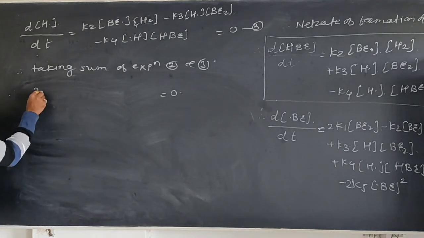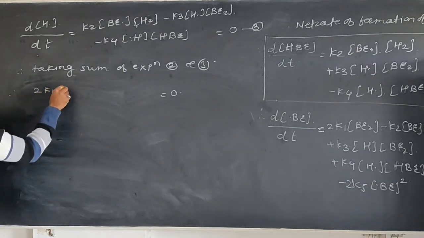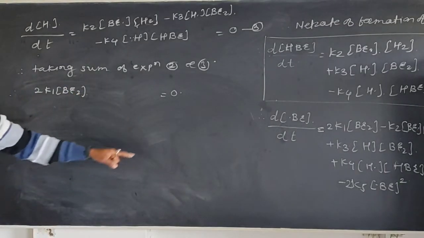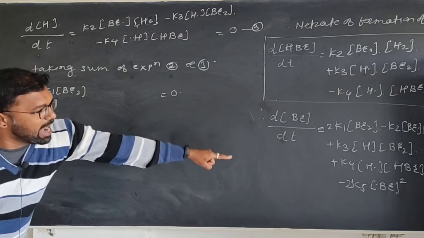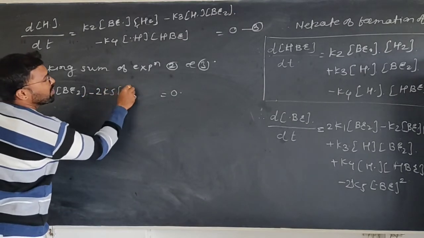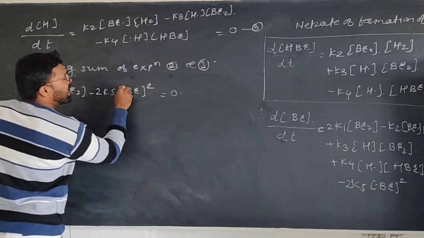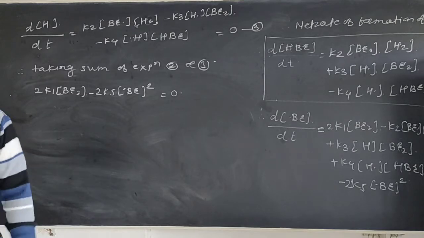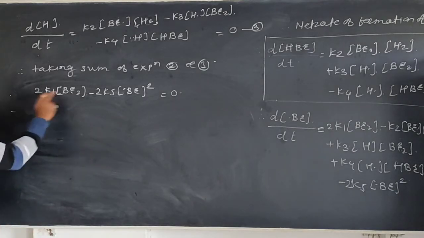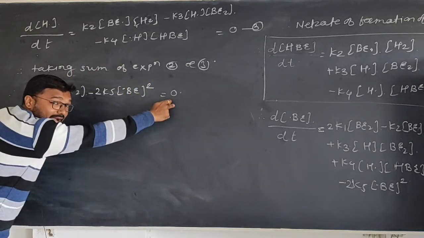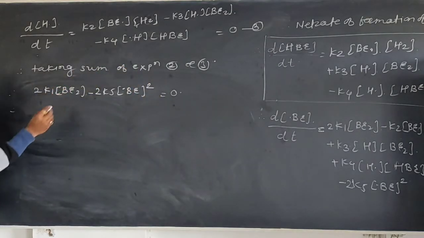Remaining is twice K1 into Br2, and minus twice K5 into Br radical squared. Taking 2 as a common term, 0 divided by 2 is equal to 0.